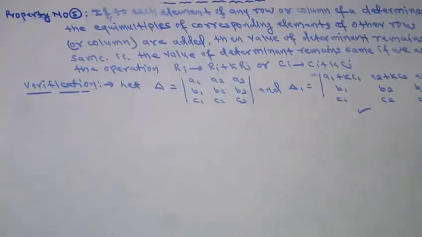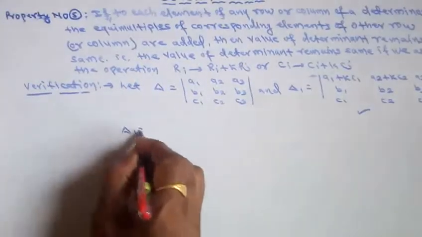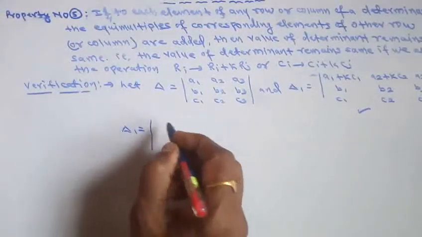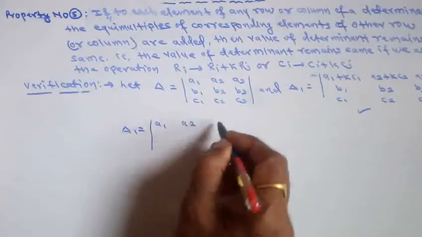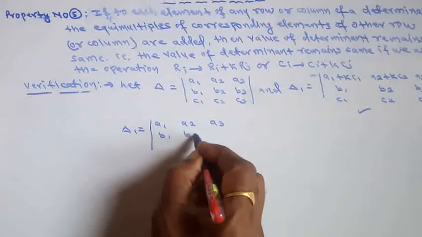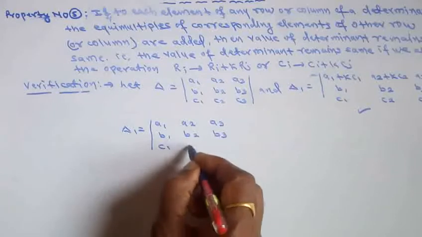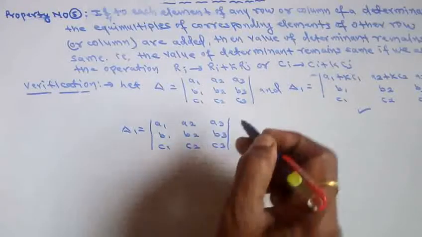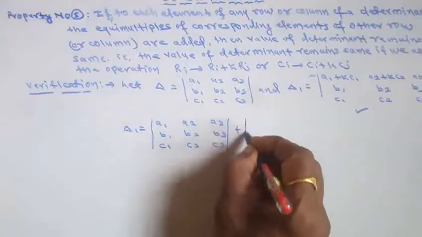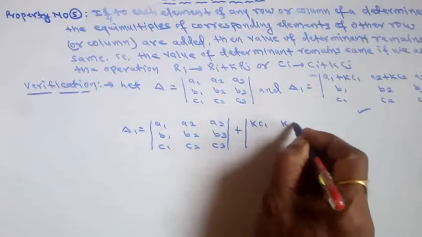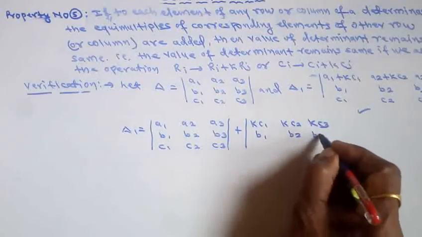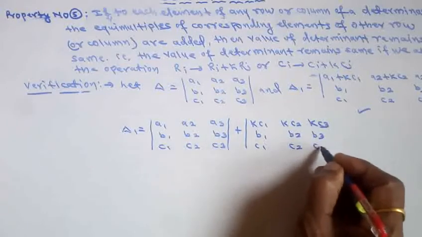So delta 1 is equal to, using property number 5, the determinant A1, A2, A3, B1, B2, B3, C1, C2, C3 plus the determinant k times C1, k times C2, k times C3, then B1, B2, B3, C1, C2, C3.